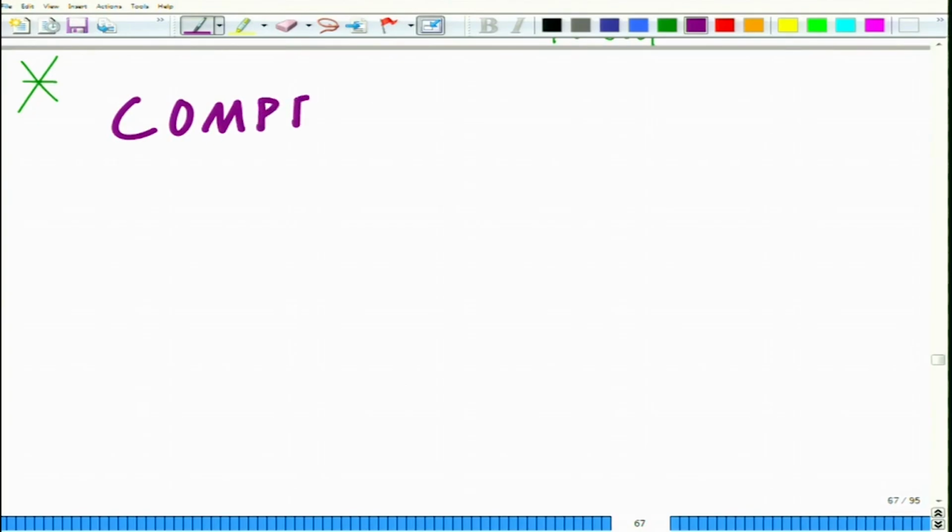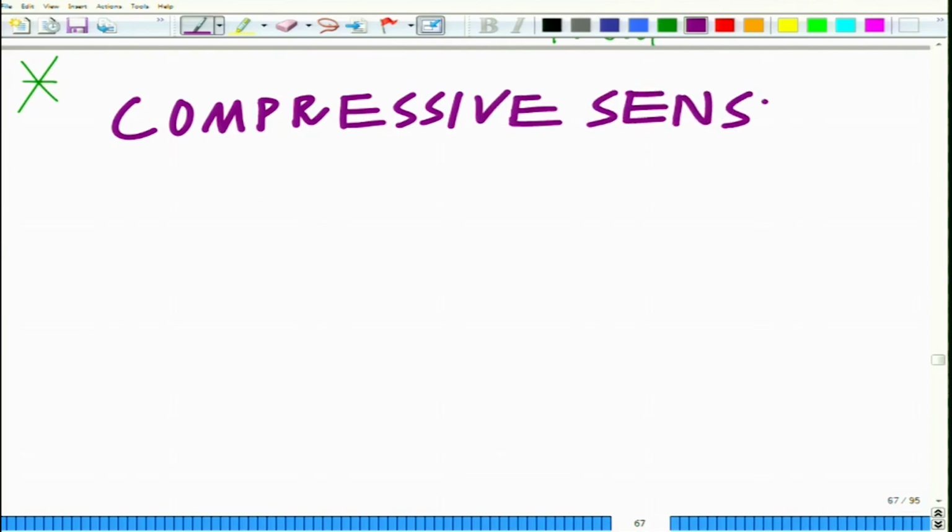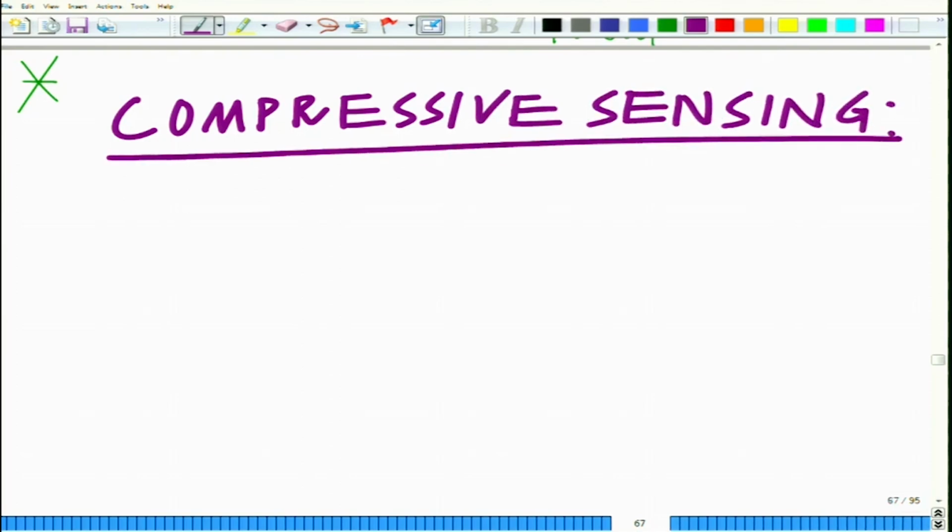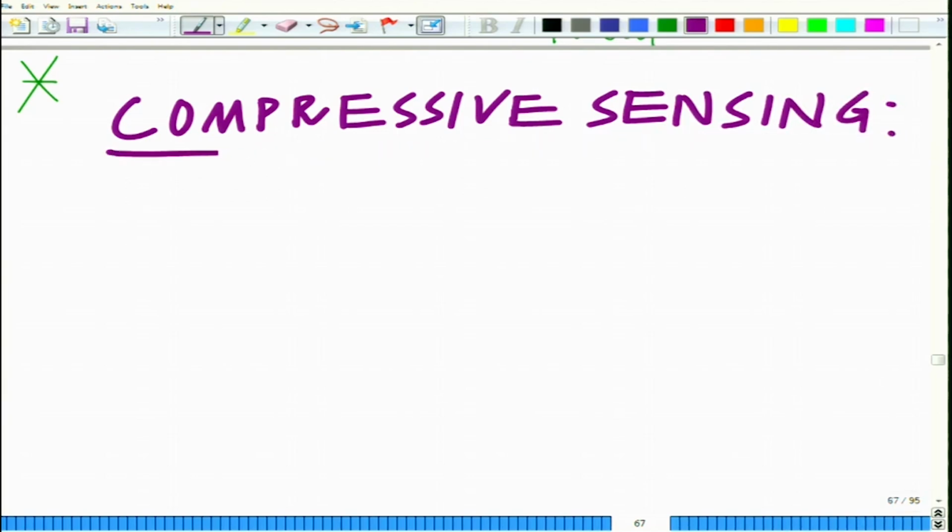So what we want to look at is an overview of compressive sensing, also known as compressed sensing, and its relation to the optimization framework that we have looked at so far.